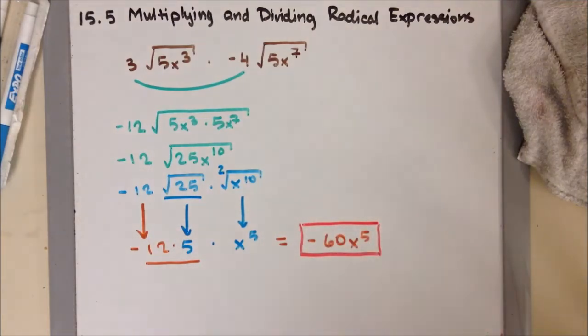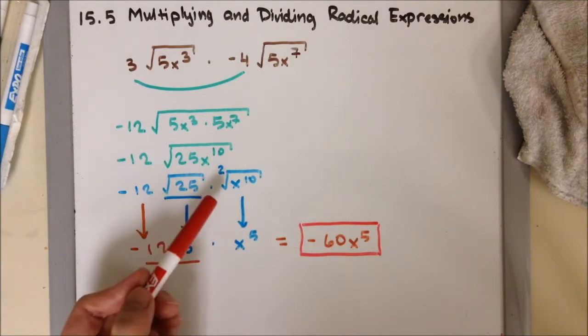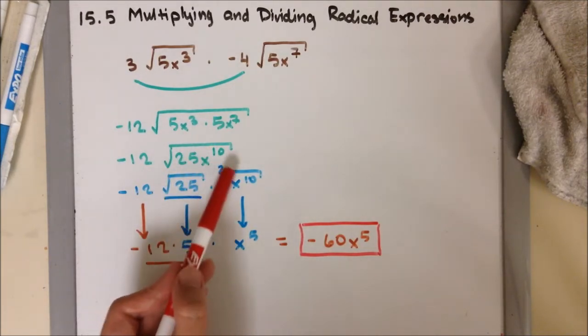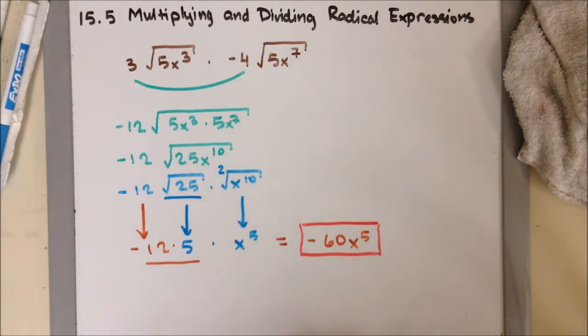So in this example, we were able to get a perfect square number, which is 25. In addition, we got x to the 10th power, where the index 2 was able to go into 10 as a whole number 5 times. So in this answer, we just had negative 60 x to the 5th power with no radicals.